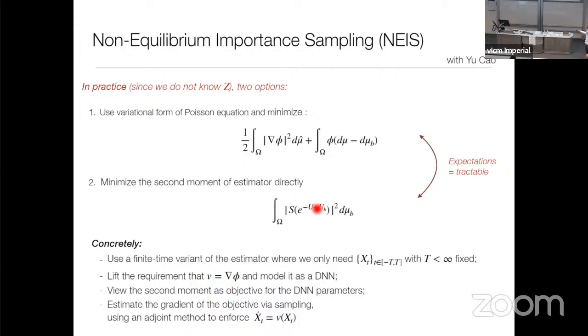And then you use the objective function for the parameters in a neural network that you use to represent the velocity field, borrowing from what has been done in other fields like generative models. And then you can estimate the objective function and its gradient using samples from the base and an adjoint method to enforce the constraint that the velocity and the flow are related in this way.